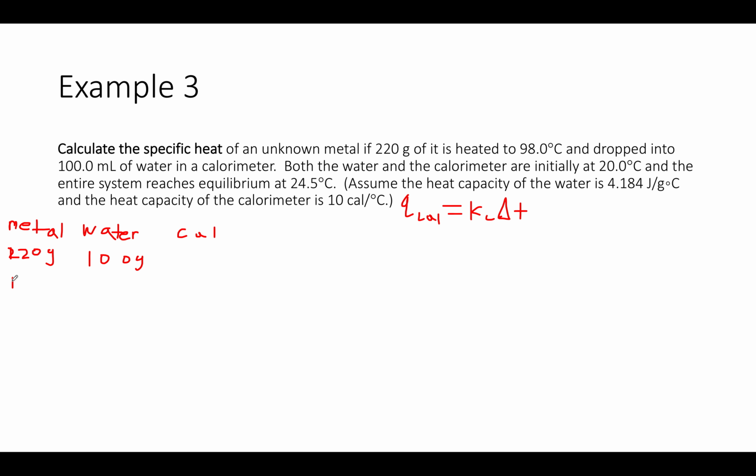I know that the initial temperature of the metal is 98 degrees Celsius. The initial temperature of the water is 20 degrees Celsius, and the initial temperature of the calorimeter is the same, so they will have the same change in temperature.